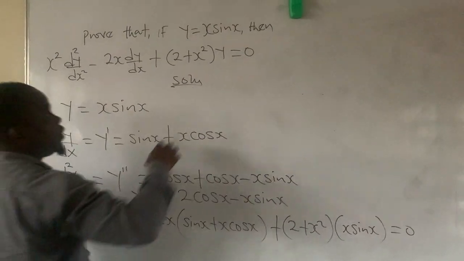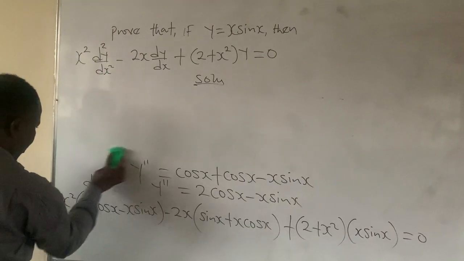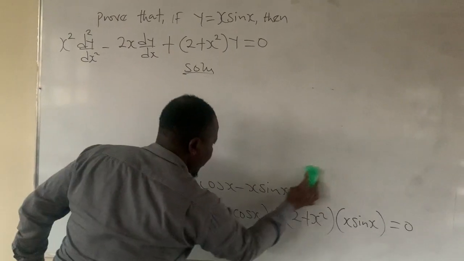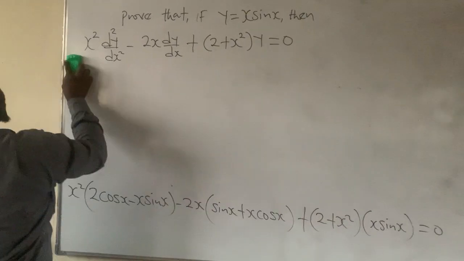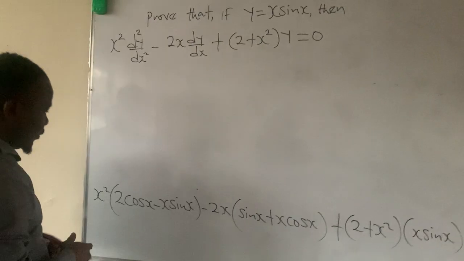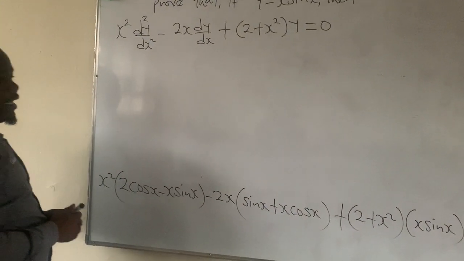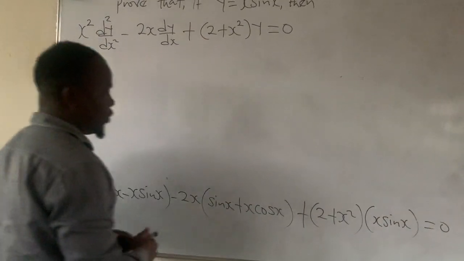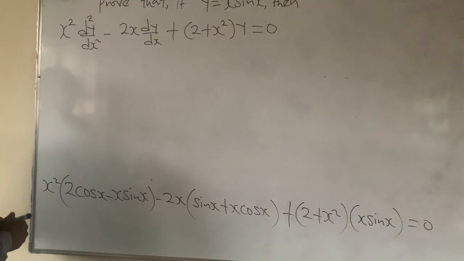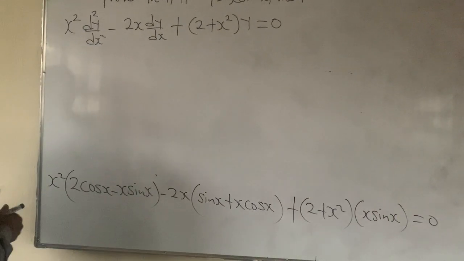So now, let us look at the brackets. Let's open the brackets. At the end of the day, the left hand side will be 0 as the right hand side. Let's use x squared to multiply out this bracket.